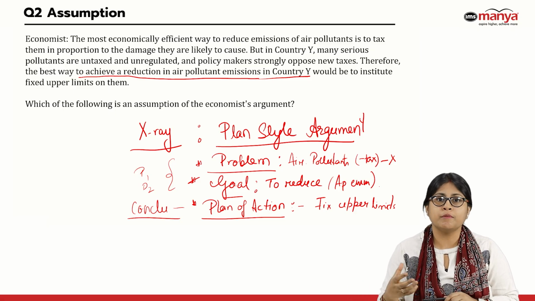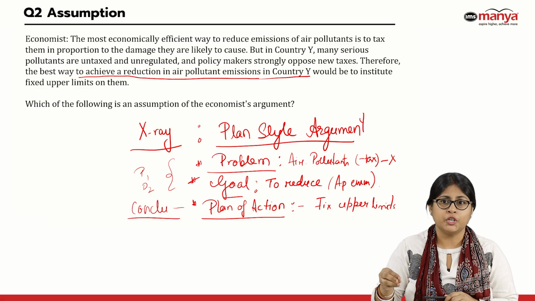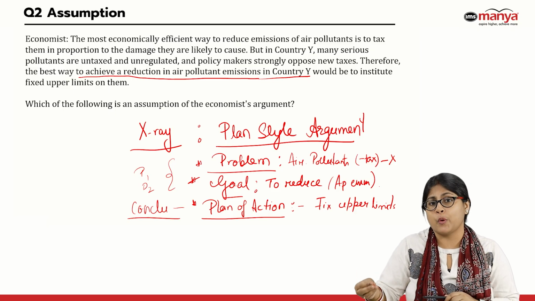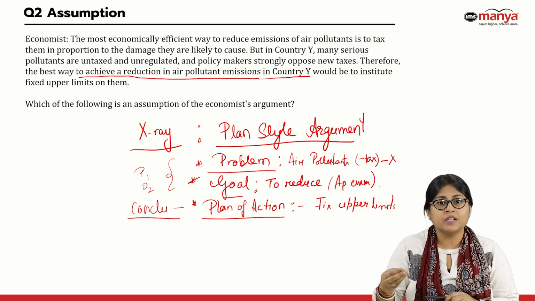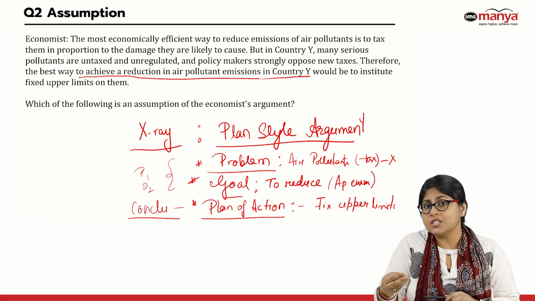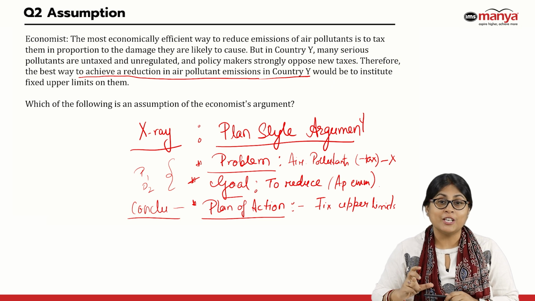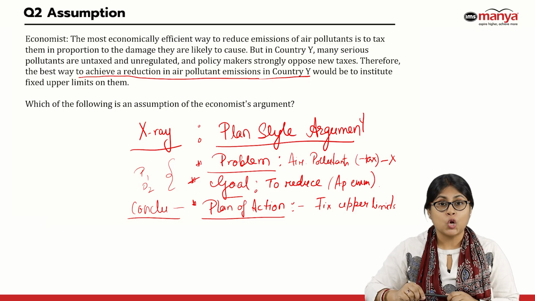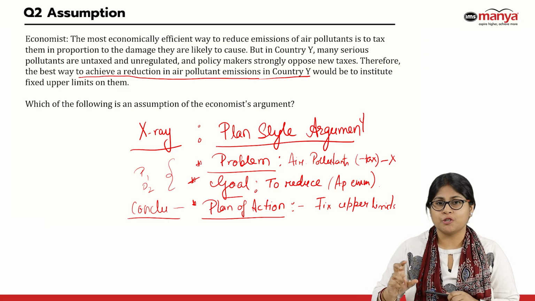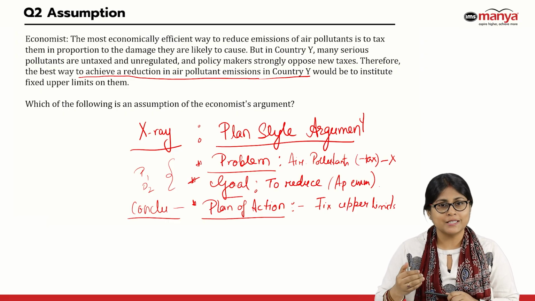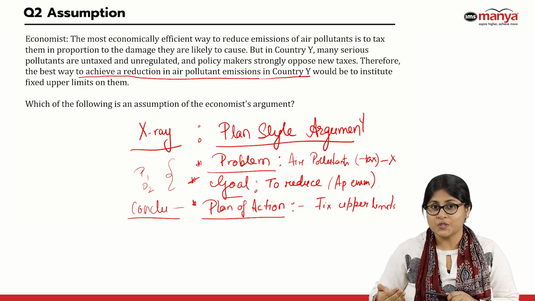Whenever we think of a plan and say, let's do X to get Y, why do we say that? Because somewhere we are assuming that the plan will achieve the goal. So our shadow answer, or the logical gap here, is that any option highlighting that this plan will lead to the goal of reducing air pollutants should ideally be considered a good option, because it highlights something positive about the plan and enables the plan to achieve its goal.